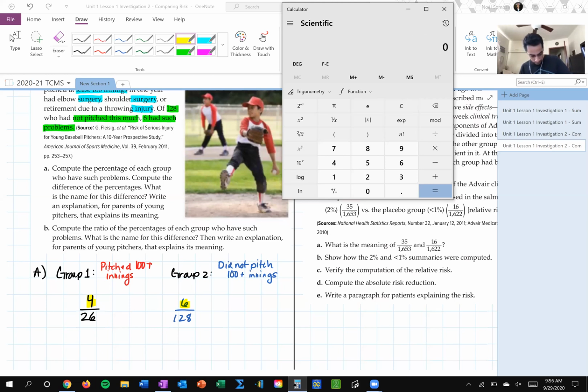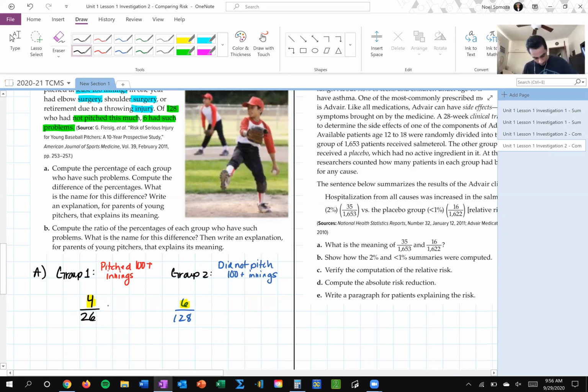So for group 1, 4 out of 26, we're looking at 0.1538. So it's about 15.38%. Versus 6 out of 128.